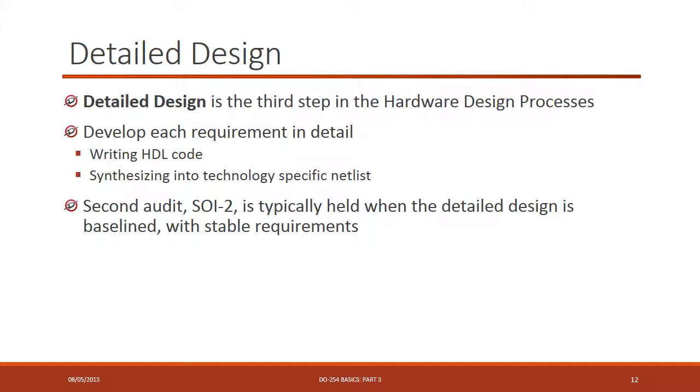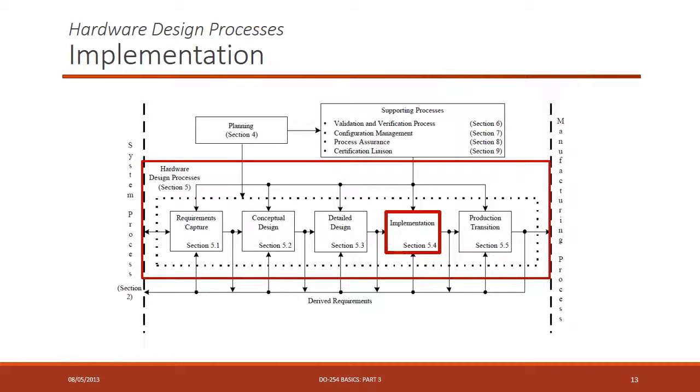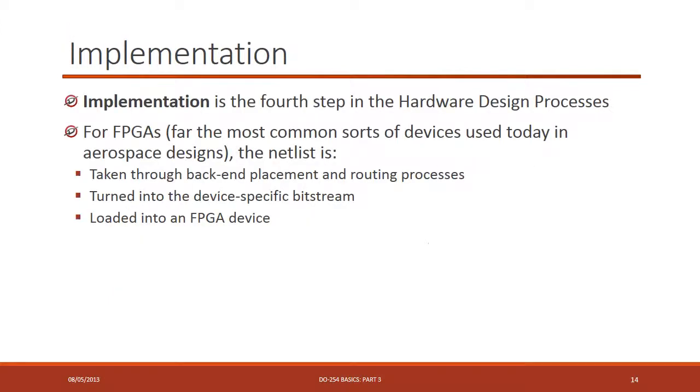When the design is fully coded, then the design will be synthesized into a technology-specific netlist. The second audit, SOI 2, is typically held when the detailed design is solid, when it's baselined, and the set of requirements is stabilized.